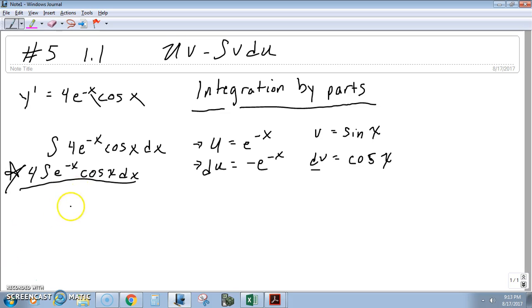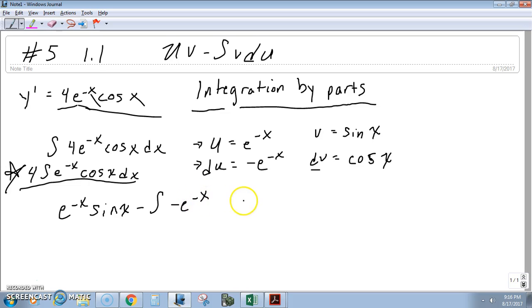So I have my u, e to the negative x, and my v, sine x, minus the integral of v du. Actually, I'm going to write it the same way as I have in the original function, so I'm going to write du first. I'm going to write negative e to the negative x, and then v, which is sine x.